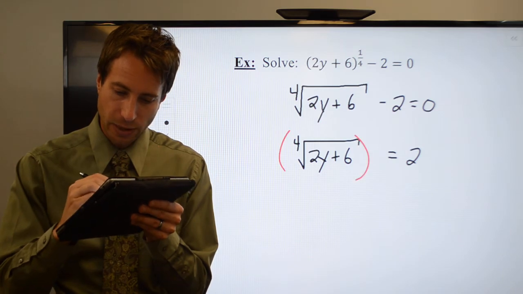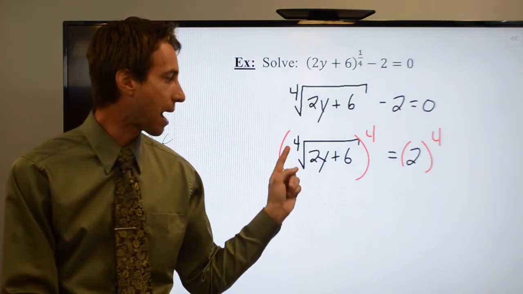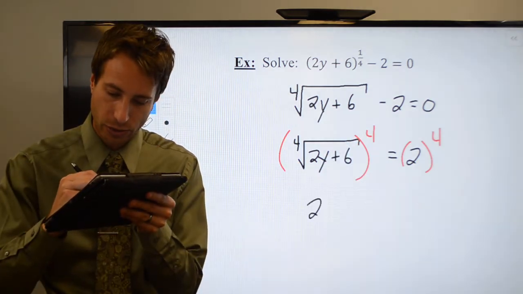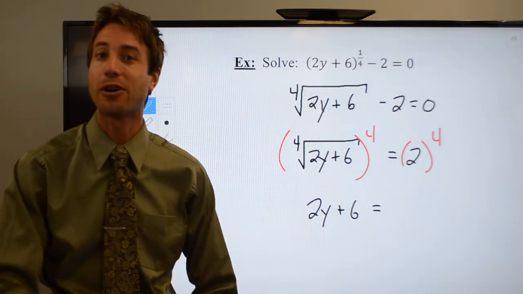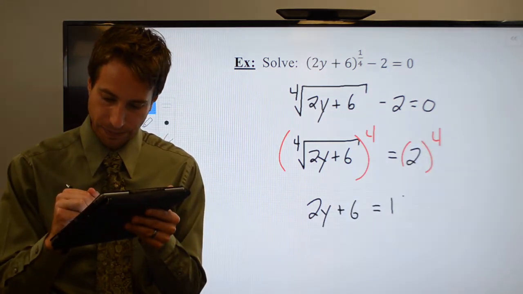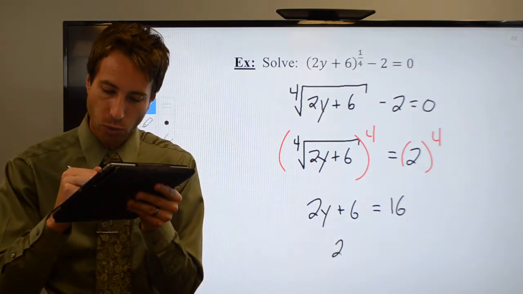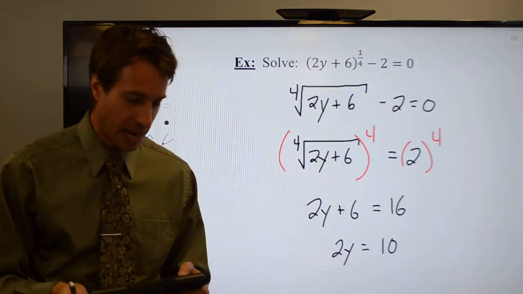But to get rid of the fourth root, we'll raise both sides to the fourth power so that the power and the index are the same. They'll cancel each other out. 2y plus 6 is equal to 2 to the fourth power, which is simply 16. Subtract 6 from both sides, I'll get 2y is equal to 10. Divide both sides by 2.